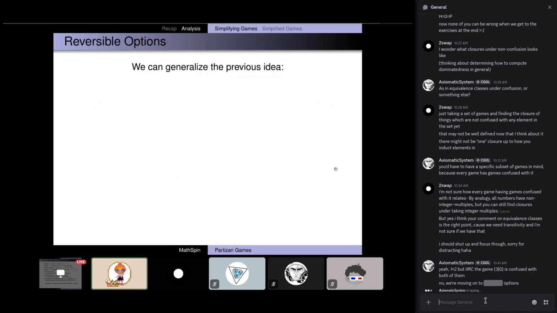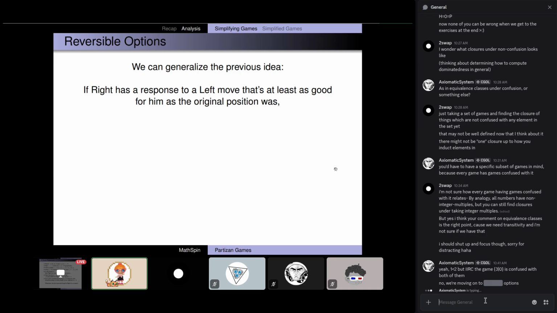And so to write this thing we're talking about in more general notation, or in a sentence first. If right has a response to a left move that's at least as good for him as the original position was, this is an important condition for this idea. It's not just, oh, that's a nice response or the best response.